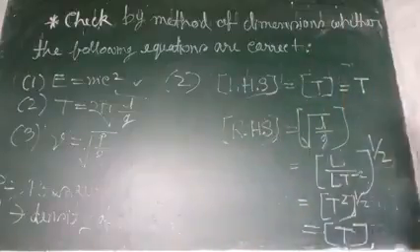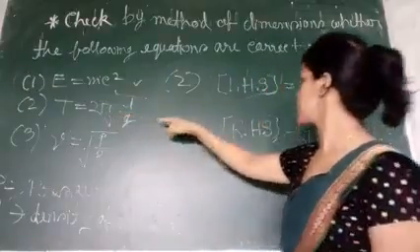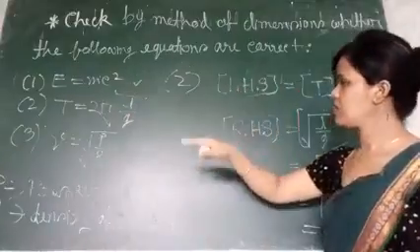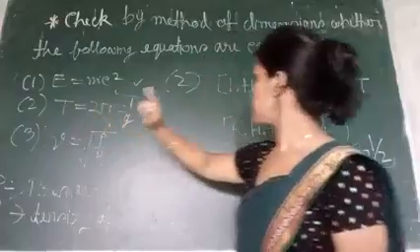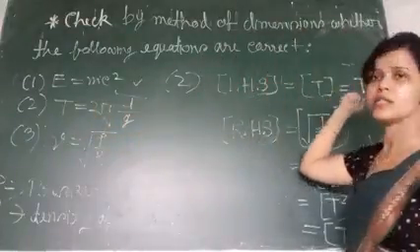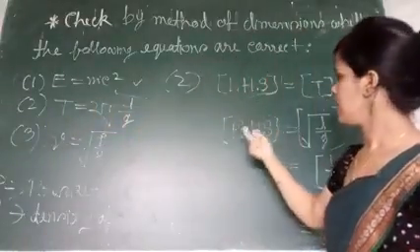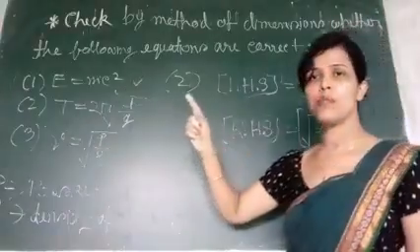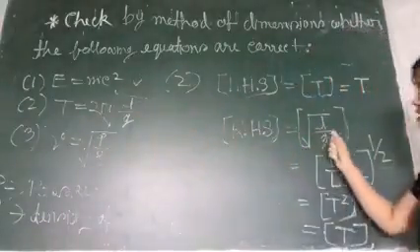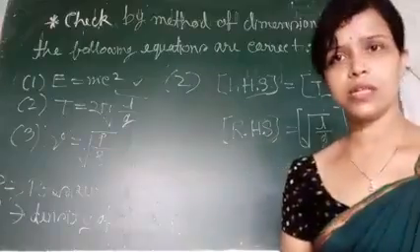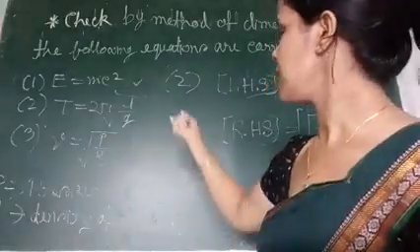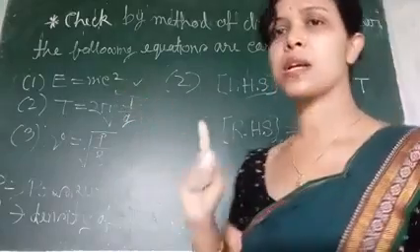In this way, in equation number 2, if we check the dimension for T, tension, we get capital T. Similarly, the right hand side dimension is also T. That is why the left hand side and right hand side dimensions are the same. Hence we can say that equation number 2 is correct.